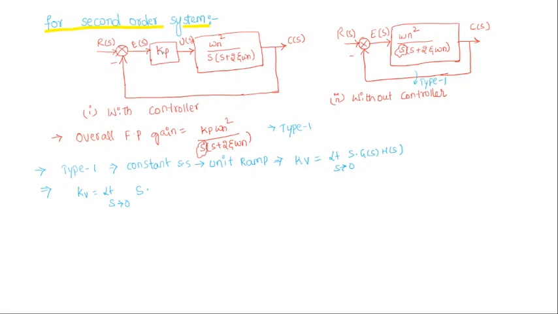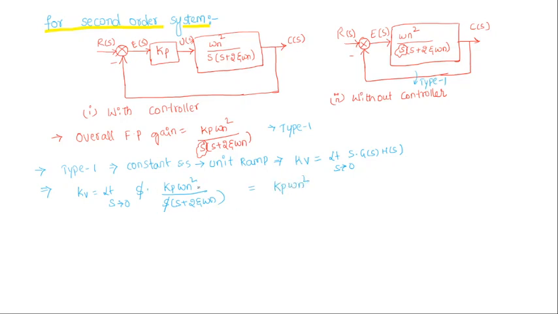So here the forward path gain is Kp into omega n square by s into s plus 2 zeta omega n. So s and s get cancelled out, and we are left with Kp omega n square.